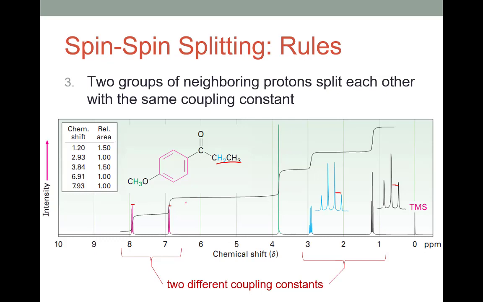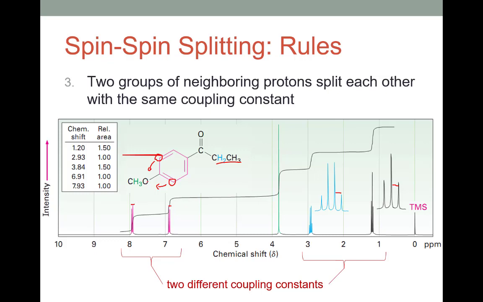Well, it's a matter of symmetry. If we look at this ring shape, the protons on these 2 carbons are sort of close to the ether oxygen right there. They're equivalent to each other.